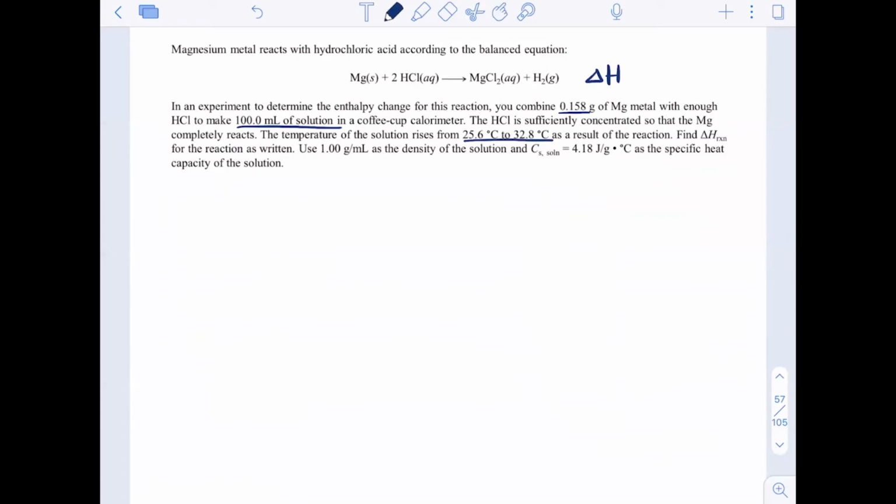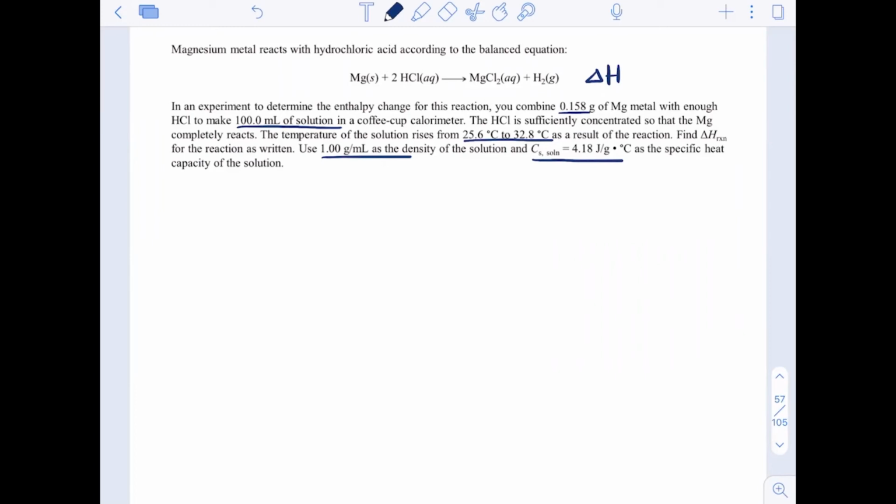We're going to find the delta H. We'll assume that the density of solution is 1 gram per milliliter, and the specific heat of the solution is that of water. All right, let's get everything organized and set this up. The key here is that it already gave us the amount of the solution. Yes, it gave us the amount of magnesium as well.